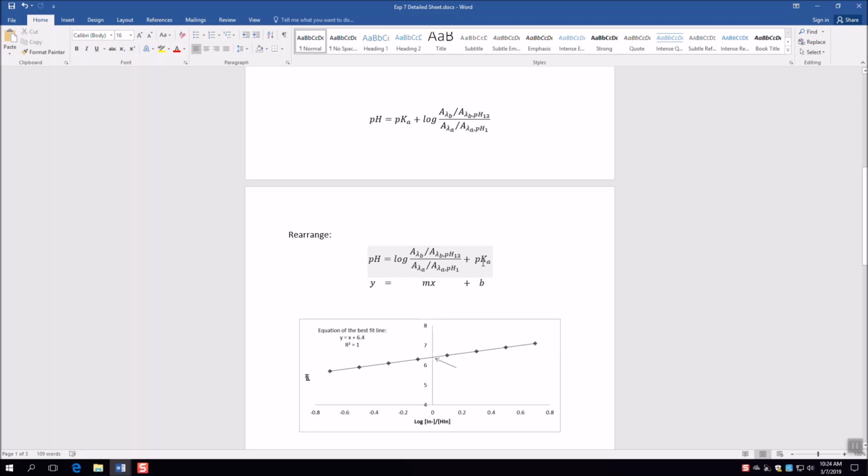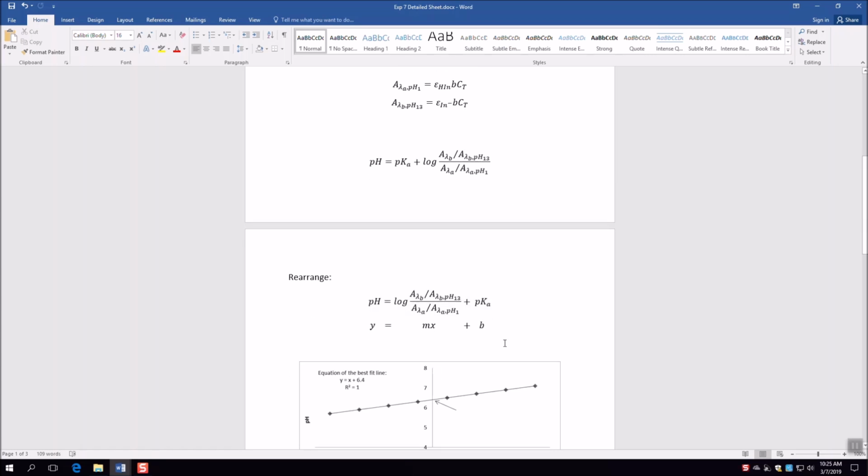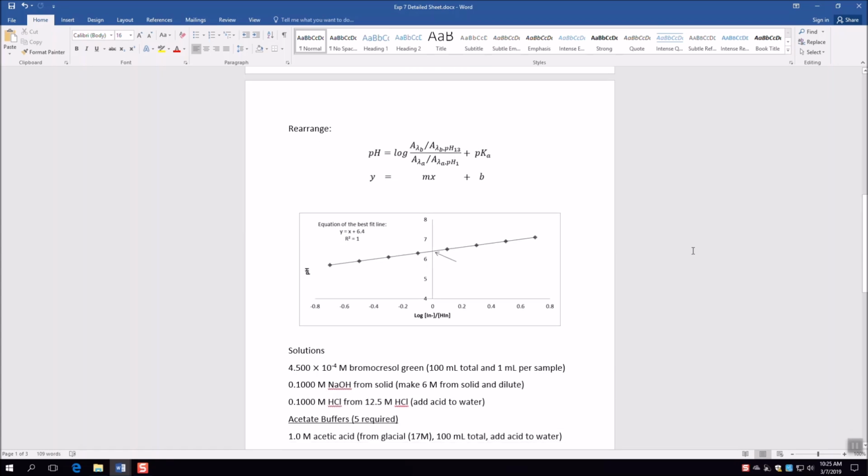So we're going to determine the pKa by solving this equation for pKa, and we're going to determine the pKa by making this graph and finding B, or the y-intercept, because we're looking at this as the equation of a line. Now, Tim's going to show you how to do all of this in the video, but we want you to know what you need to have.